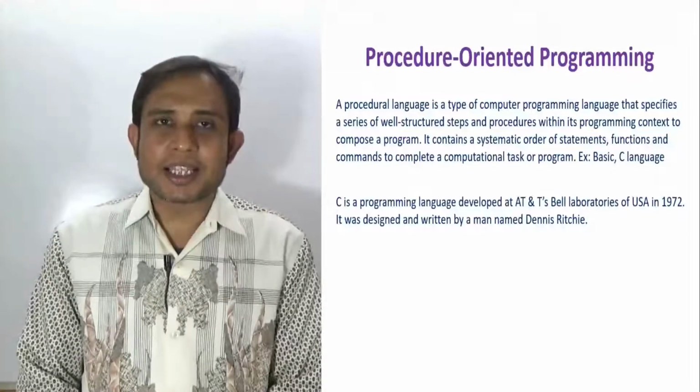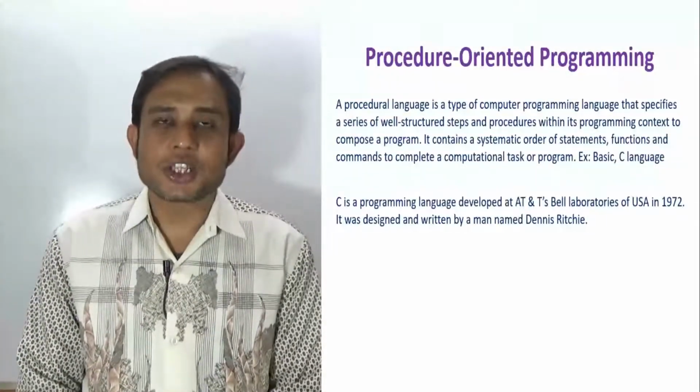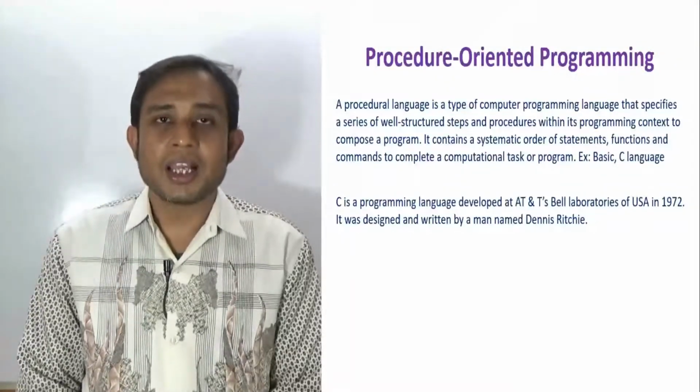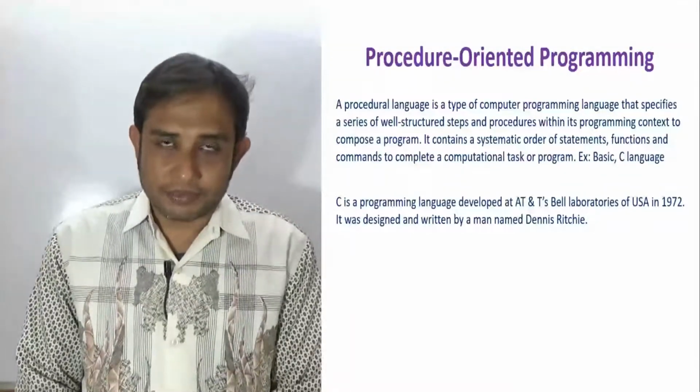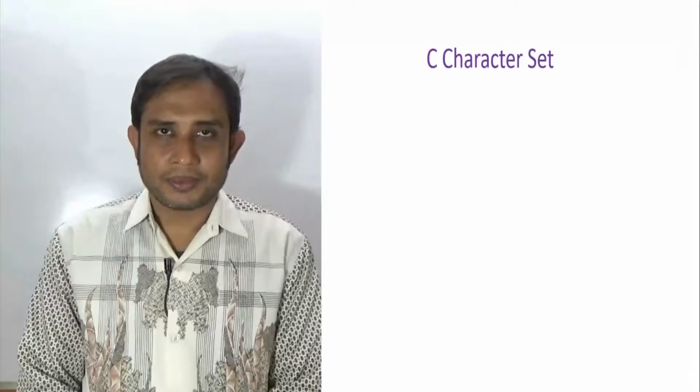The C programming language basically consists of several things like character set, identifiers, tokens, constants, variables, arrays, conditional statements, loops, etc. So the first one is the character set.